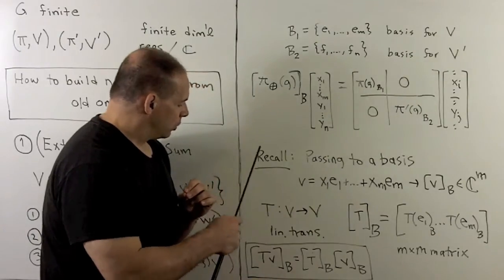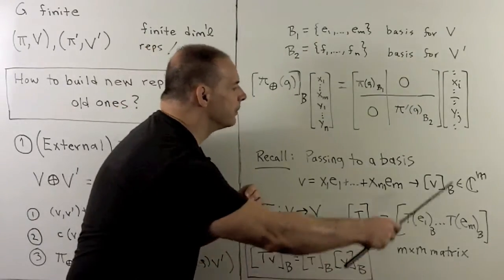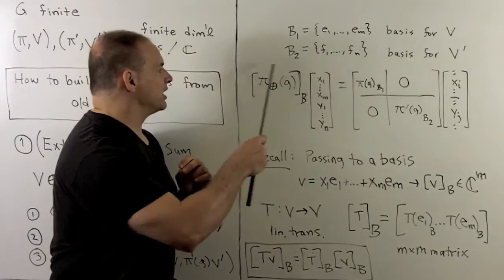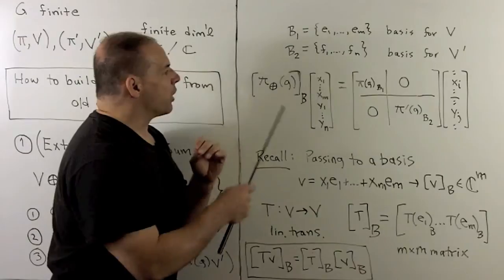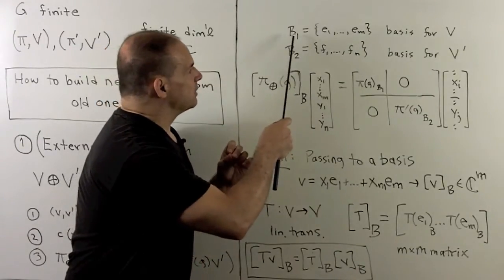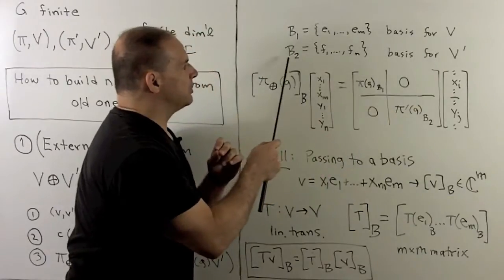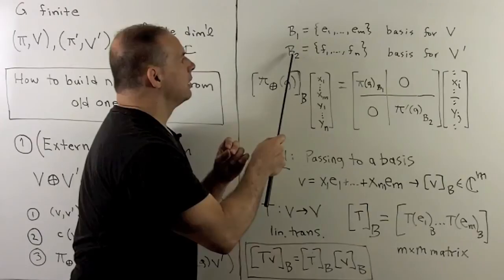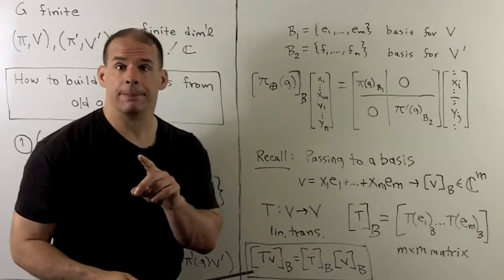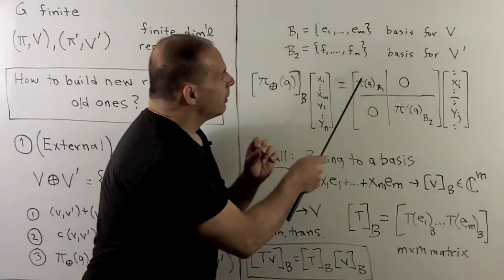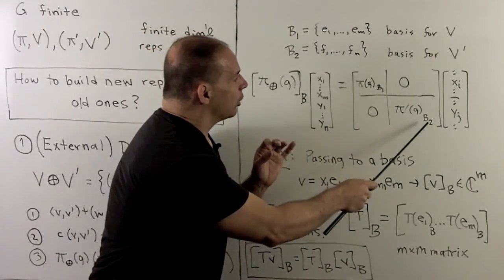Now, if we take all of this and apply it to the linear transformations coming from our representation in the direct sum, we'll pick a basis B1 for V, basis B2 for V′, and I'll put B1 before B2 to get a basis B for the direct sum. Then our picture looks like this. We'll have square blocks going down the diagonal.